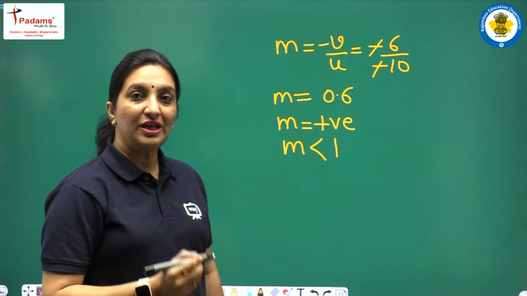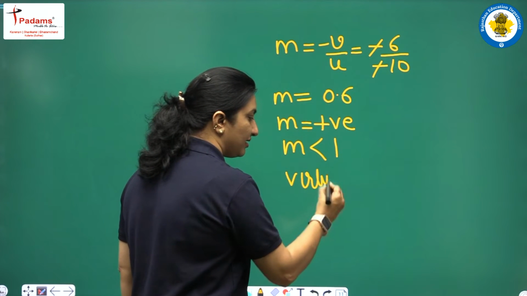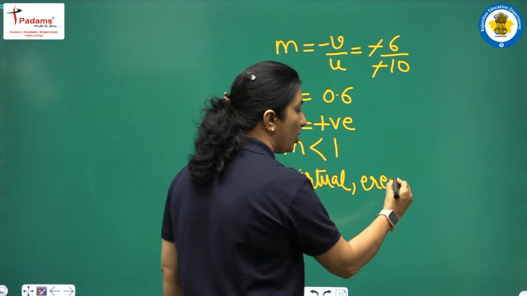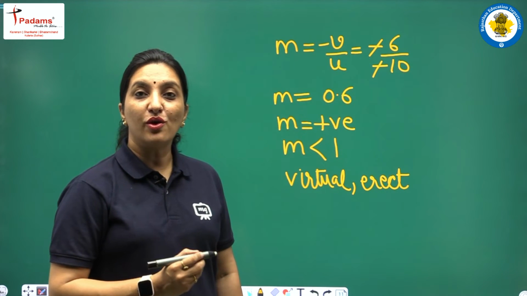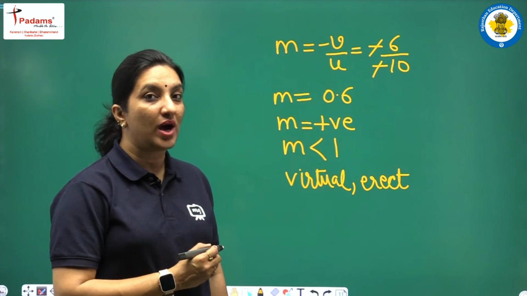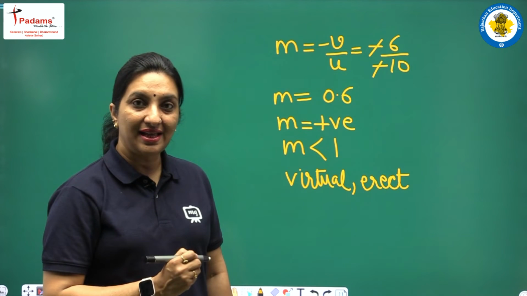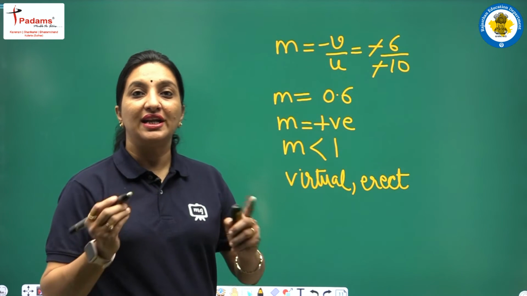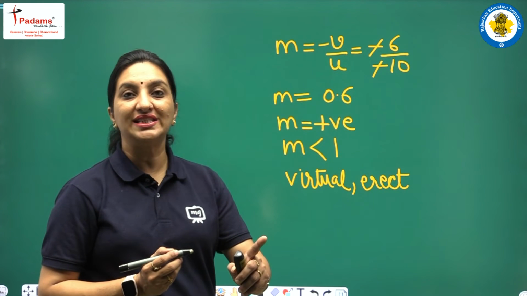Now this value of M is positive and it is less than 1. The positive value indicates that the image is virtual, and all images which are virtual are always erect. Secondly, the value of M is less than 1. It is 0.6. This means that the object is diminished after reflection from the convex mirror.